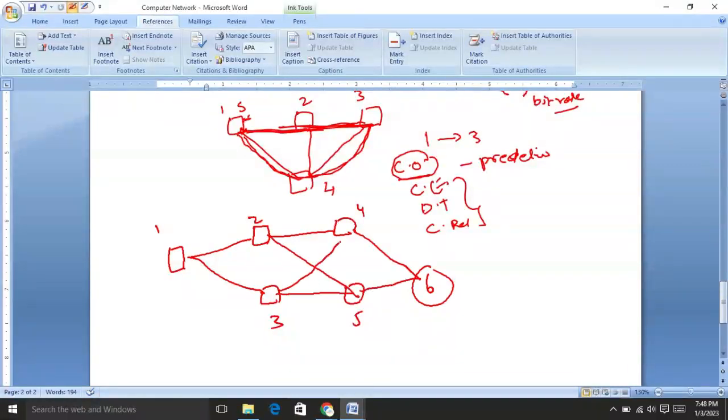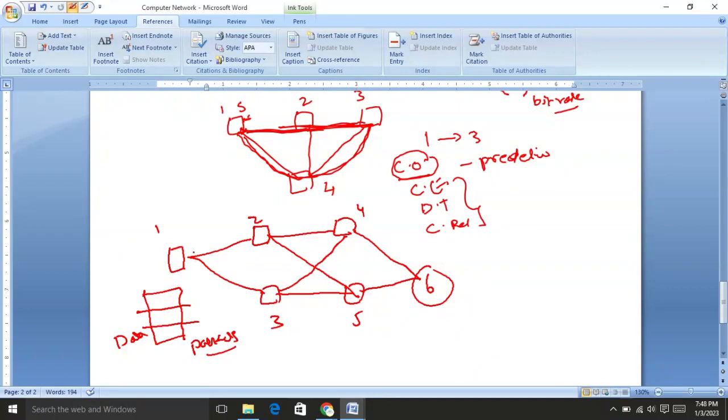Suppose we are going to send the data. The entire data is not sent at a time. The data is divided into small chunks known as packets, and each time one packet is transmitted.